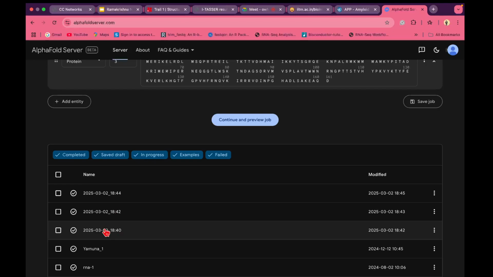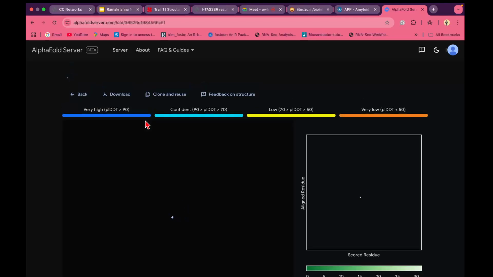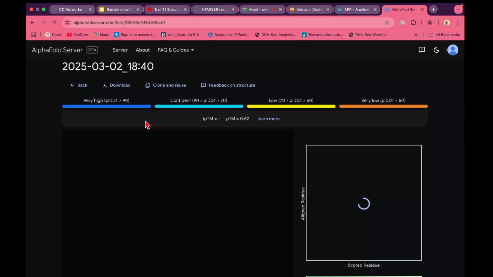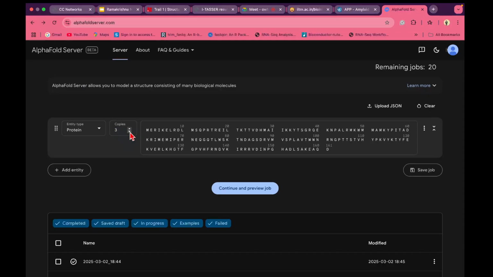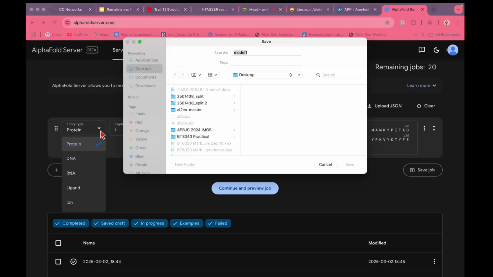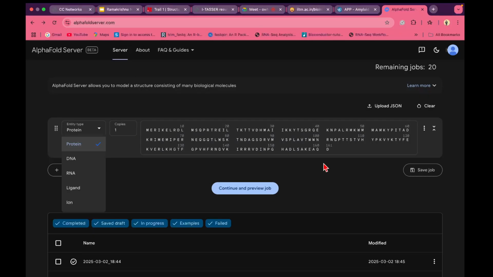So given the input sequence, AlphaFold predicts the structure. AlphaFold can predict the structure of a protein, DNA, RNA, ligand, or ion, or it can also predict the structure of complexes, that is protein complexes, protein nucleic acid complexes, and protein ligand complexes.